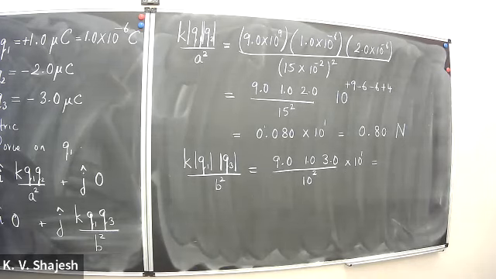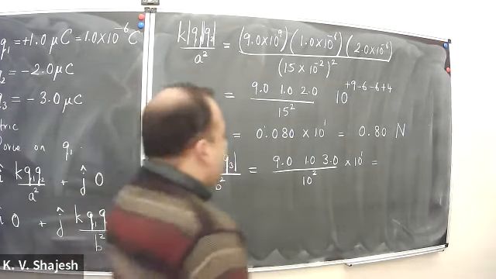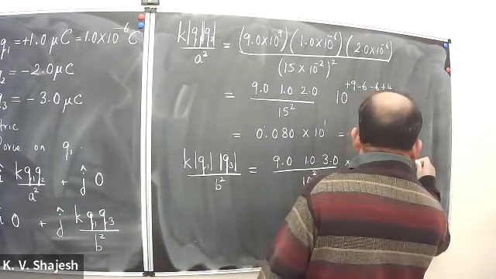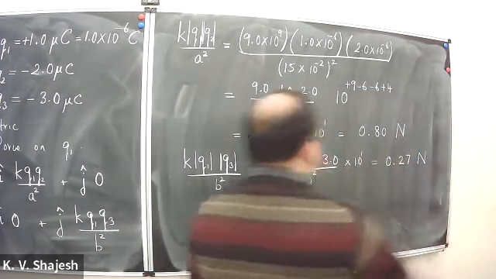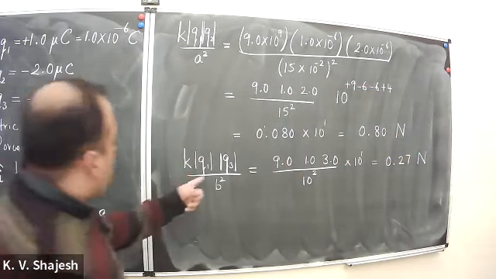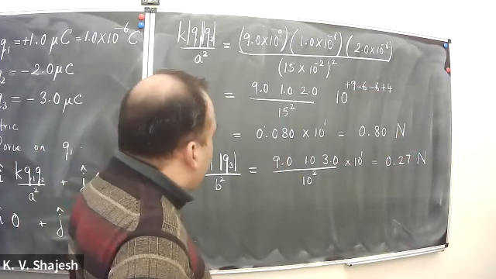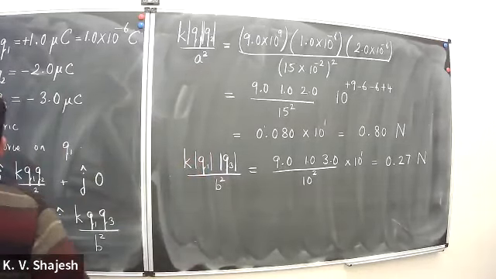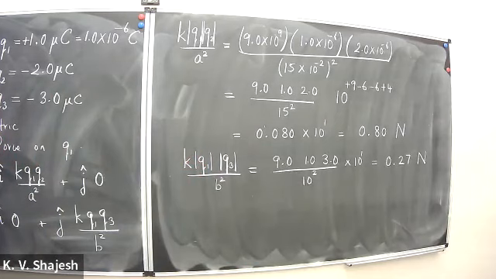So that's 0.027, and that's 0.27 newtons. Clearly, the force between 1 and 3 came out to be smaller.